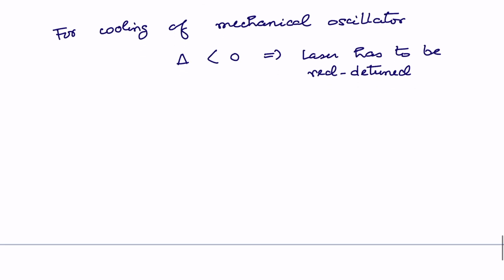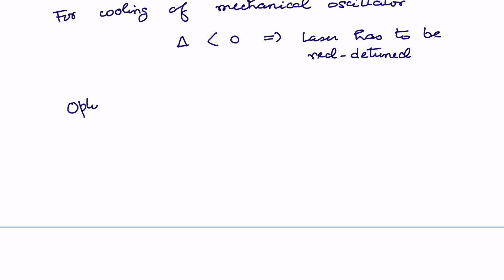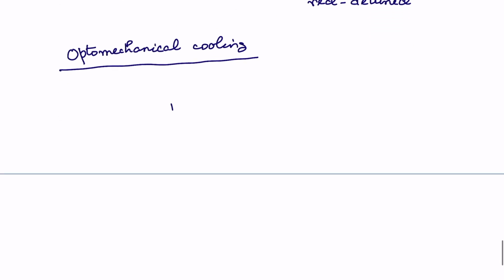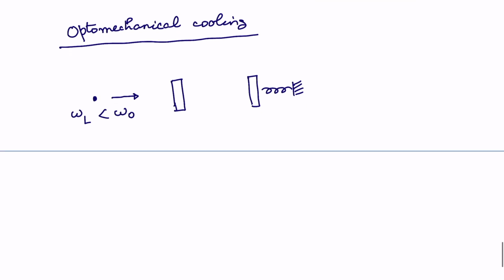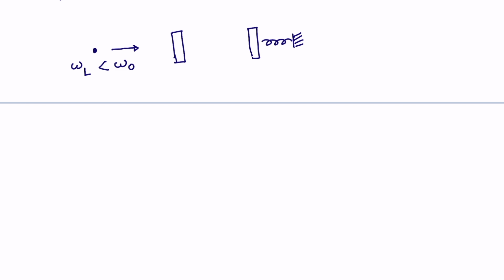Now let me understand this optomechanical cooling phenomenon a little bit more intuitively, and let me first discuss it very qualitatively. Let's say we have this optomechanical system, and a photon is incident on it, and this photon has a frequency omega_L which is less than omega_0. Now, for this photon to enter into this Fabry-Perot cavity, it has to satisfy the cavity resonance frequency.